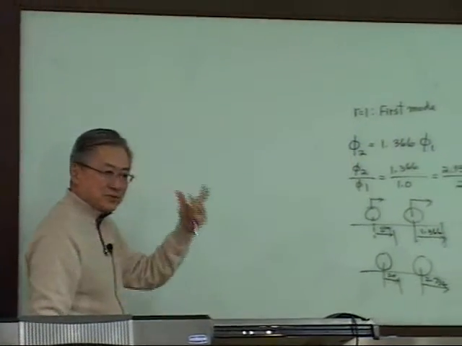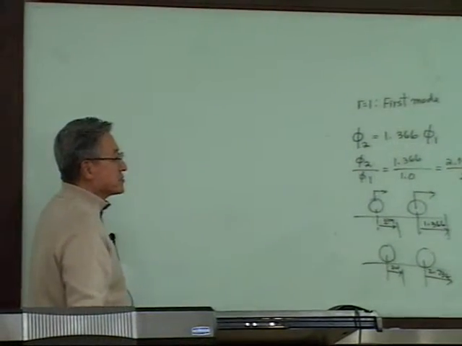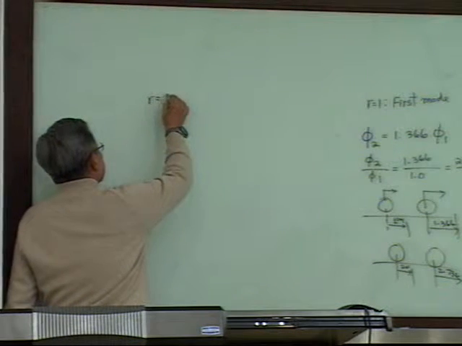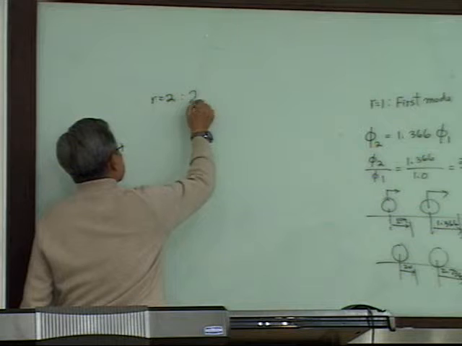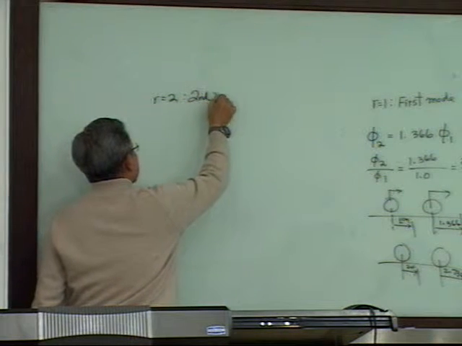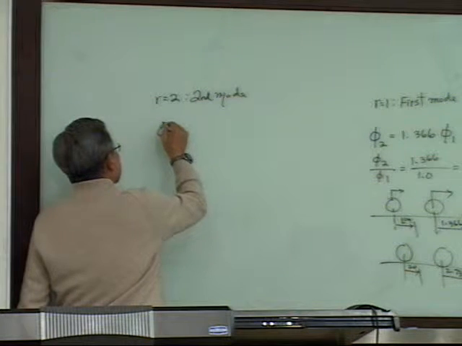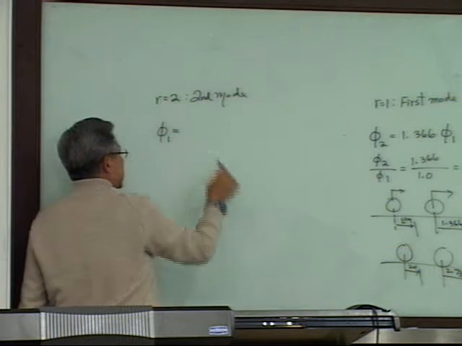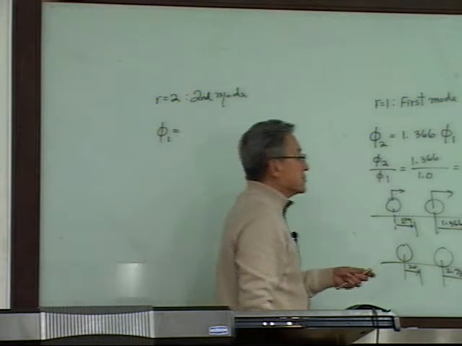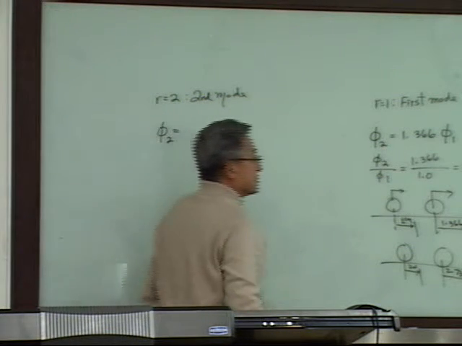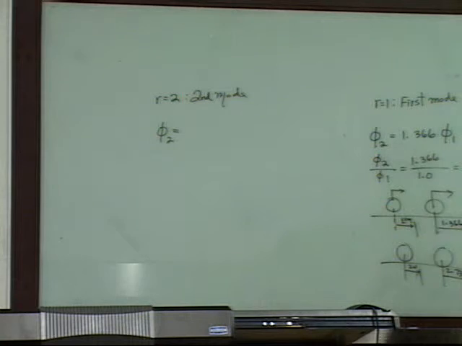For the second mode, you do the same thing for R is equal to 2. What does it mean? Second mode, right? V1 is equal to 1, V2 is equal to minus 0.366.